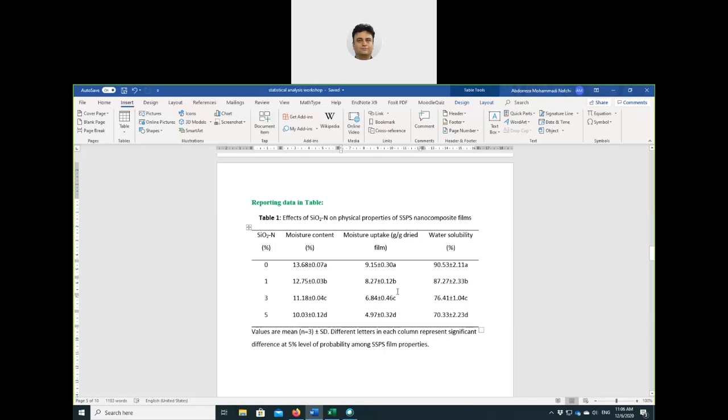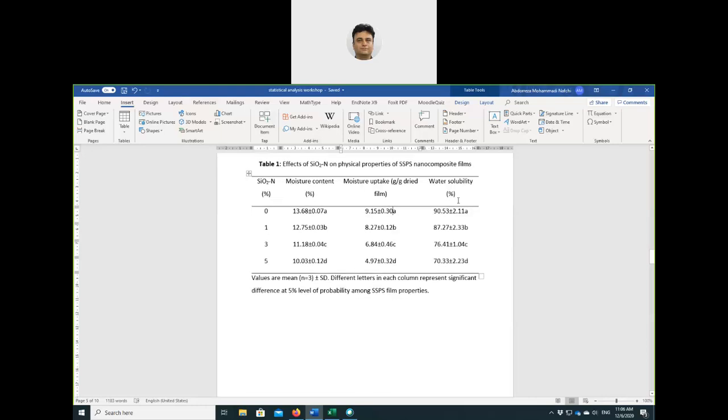This is the second part of the statistics. For reporting the descriptive data, you need to report one measure of central tendency and one variability index. Mostly we use mean and standard deviation.